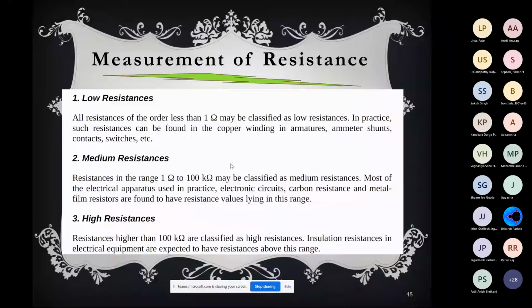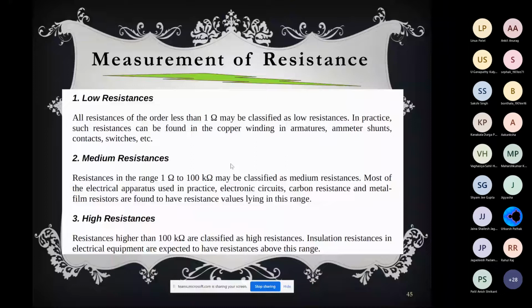In practice, such resistance can be found in copper wire, winding armatures, contact resistance, switch resistance, etc. These are generally the resistance at contact points, or resistance of small armature windings, and also ampere shunts, which we have read, various contacts, and switches.